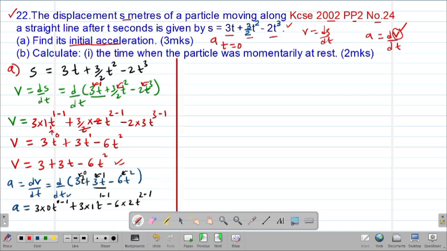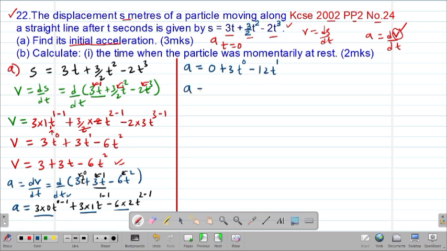So this is going to simplify as follows. Acceleration equals, of course, anything multiplied by 0 will be 0. So we'll have 0, plus 3 times 1, which is 3, t to the power of 0, then minus 6 times 2, that is 12, t to the power of 1.